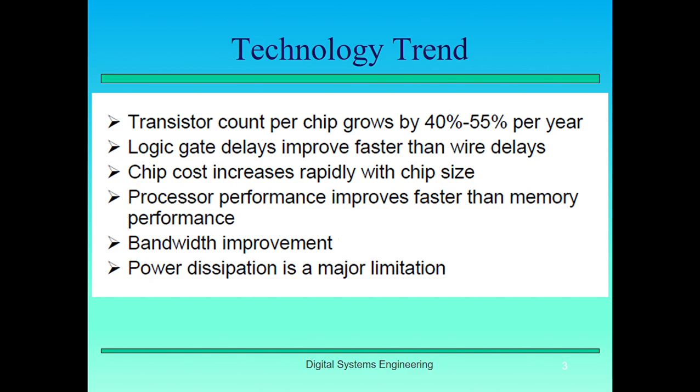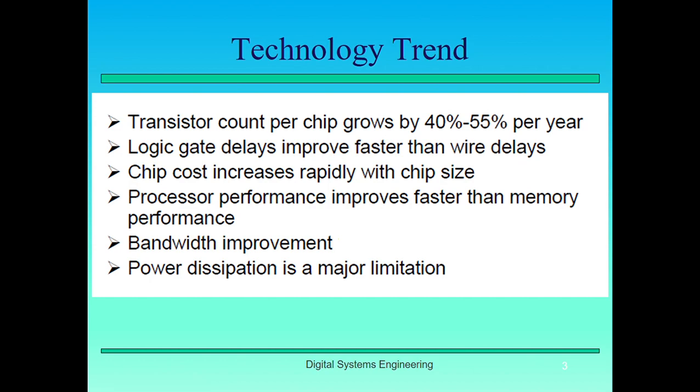So the technology trends in microprocessor design include: the number of transistors is continually increasing. Transistor count per chip grows by 40 to 55% every year. Logic gate delays improve faster than wire delays.